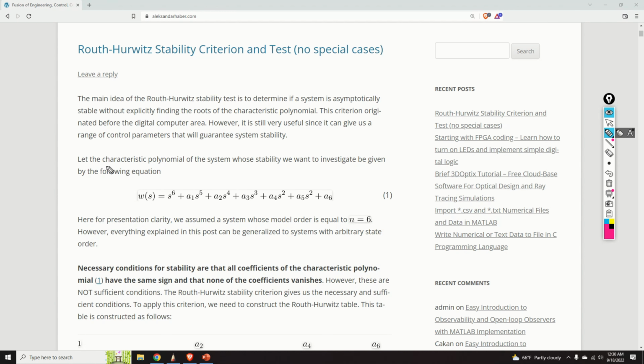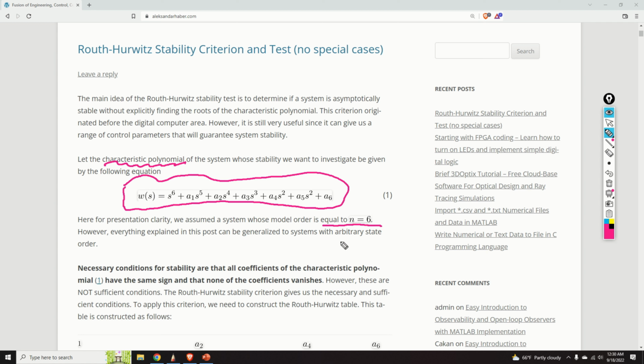Let the characteristic polynomial of the system whose stability we want to investigate be given by this equation. A1, A2, A3, A4, A5, and A6 are coefficients, and s is a complex variable. Here, for presentation clarity, we assume the model order n is equal to 6.